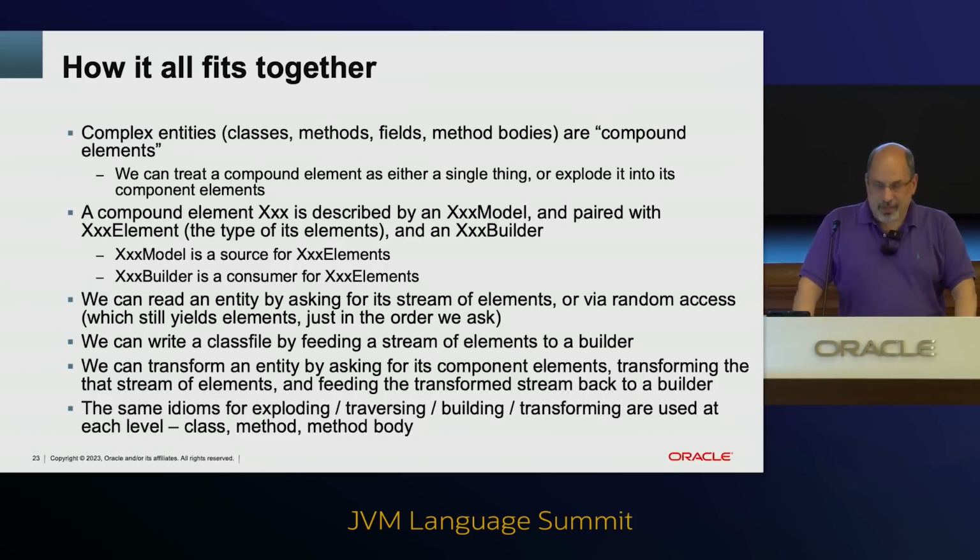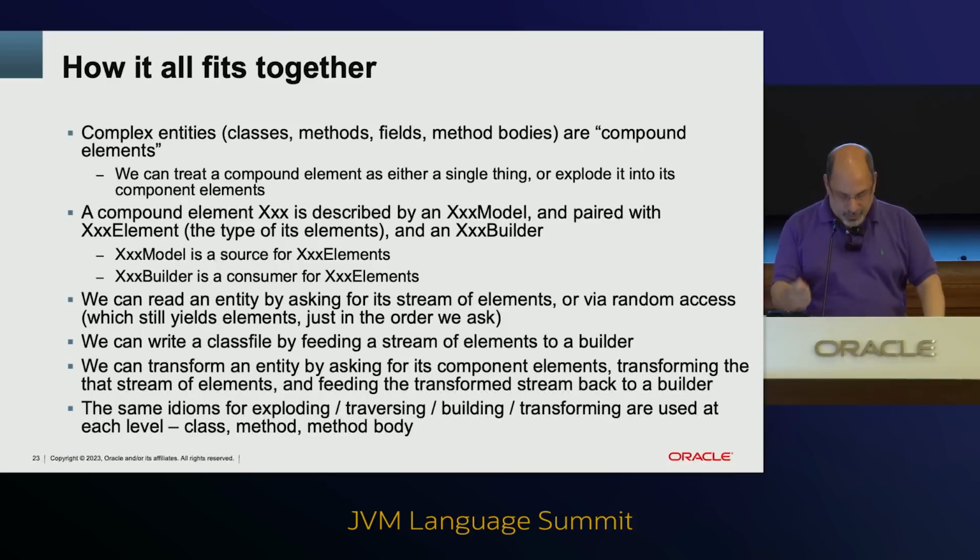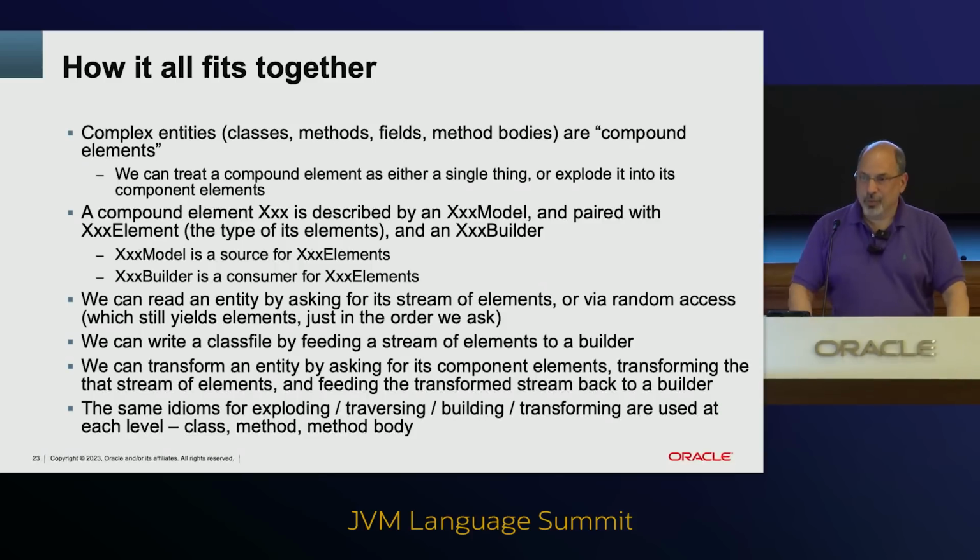So for each of these interesting types, there's a model class, an element class, and a builder class whose APIs are derived from the data model. And so if we want to read an entity, we say, give me a stream of your elements. Or if I'm only interested in this particular element, we can go directly to a random access method, which also yields the same elements you would have gotten if you had iterated sequentially.